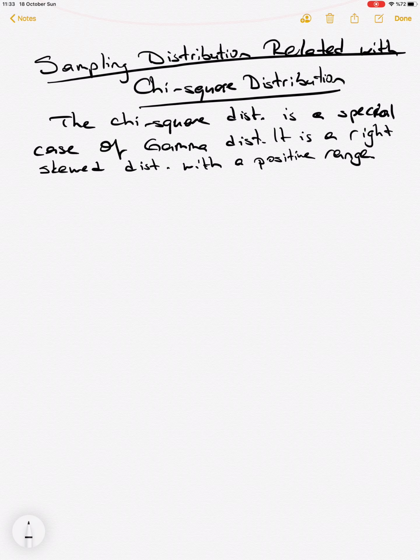Also, when we have a standard normal distributed random variable, the square of that follows chi-square, so the range should be positive.